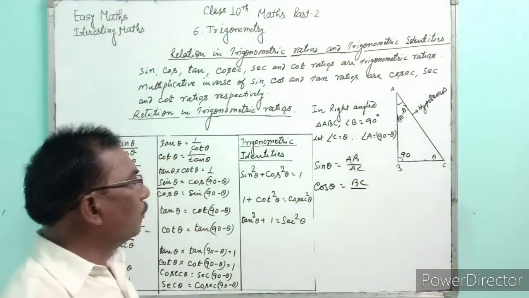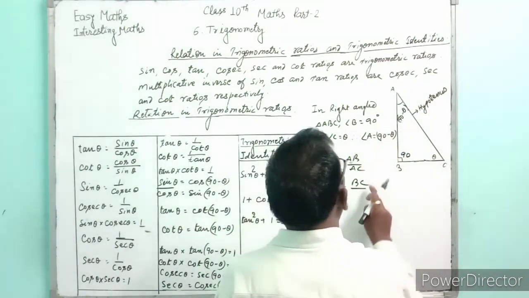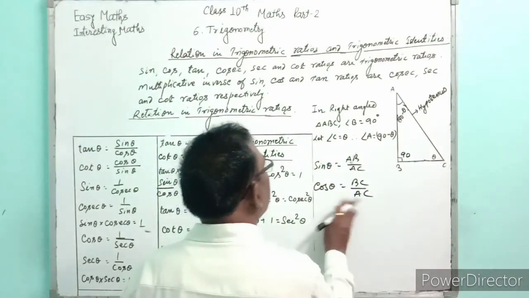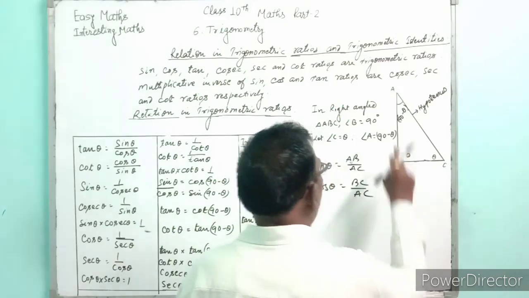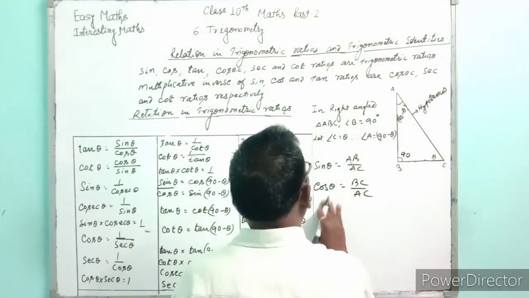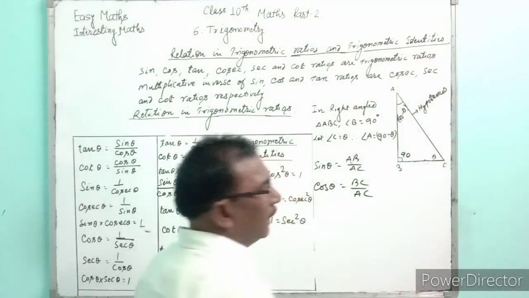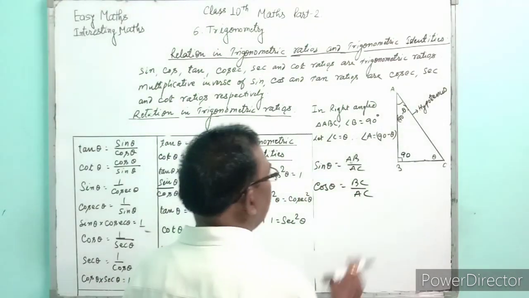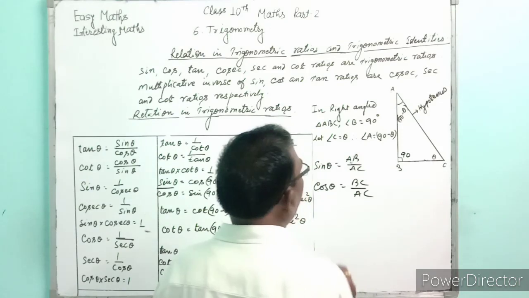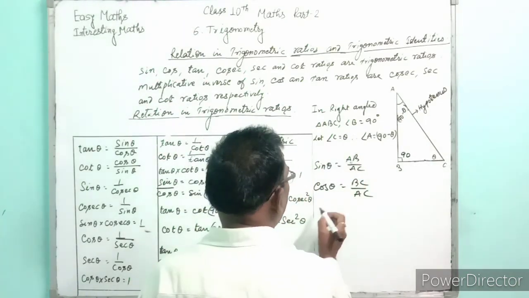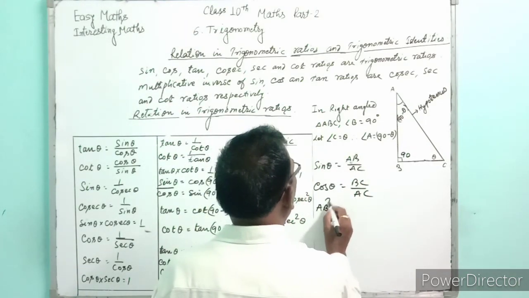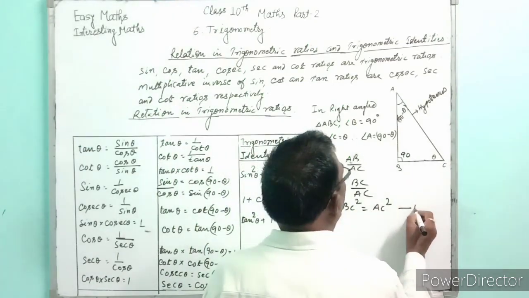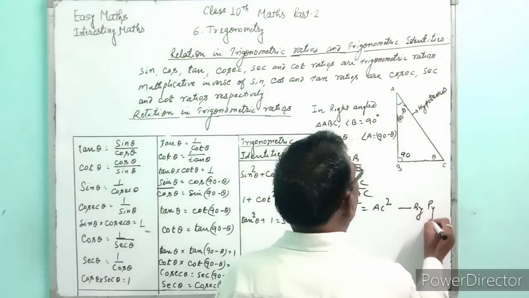Cos theta is equal to BC by AC. Now triangle ABC is a right angle triangle and B is a right angle. Therefore, by Pythagoras theorem, AB square plus BC square is equal to AC square.